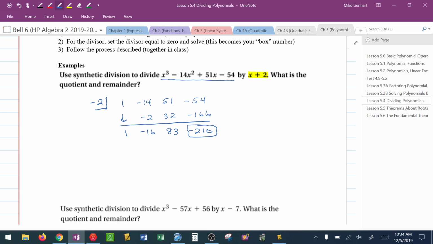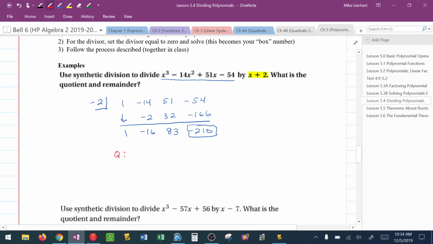Now, believe it or not, I just divided. This is called synthetic because we're taking the variables out. But now we've got to bring the variables back in. My original polynomial started with x to the third, but I divided an x out of it. So if I have 3 and I take 1 out, that means I'm left with 2.